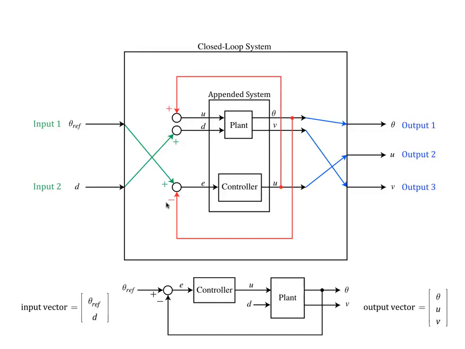The last thing to be determined is how we communicate that to MATLAB so the connect command can do its job. That communication, it turns out, is via the definition of two vectors and one matrix. One of the vectors defines the output connections shown in blue on this figure.